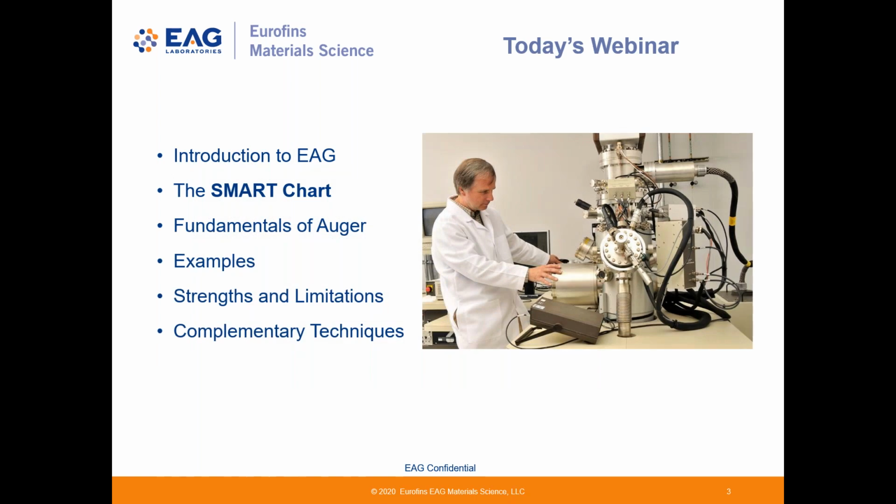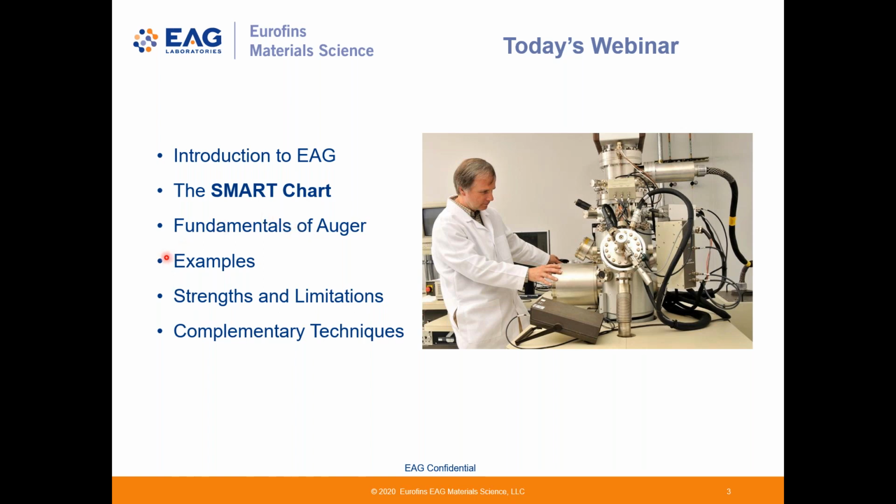And here's a brief summary of what I'd like to present today. We'll start off with an introduction to our company, and then I'll explain what the Smart Chart is and where Auger fits in this array of techniques we offer. I will then briefly touch on some of the principles of the technique, explaining how it occurs, how we are able to detect the Auger electron, and what the data looks like.